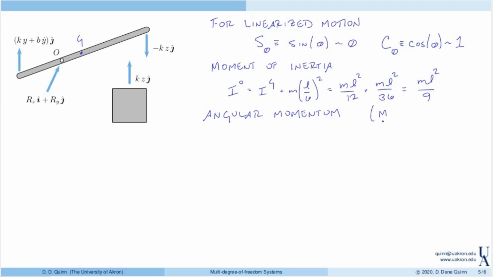I'll remind you that moments are defined as r cross F, where r is the position vector from the point that you're taking the moment about to the point of application of the force. And so here, the sum of the moments about O, I'm going to have two forces that produce moments.